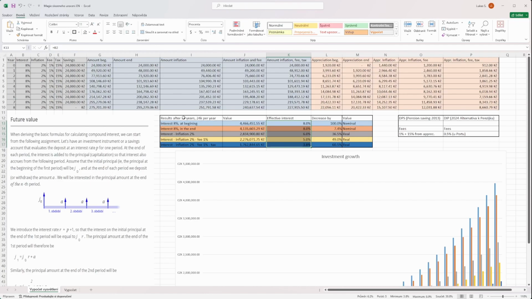Now let's see what are the results when we do this compound calculation on 35 years. So every year we add 24,000. We run this simulation through 35 years, and we will just now discuss how these different calculations influence the final value.